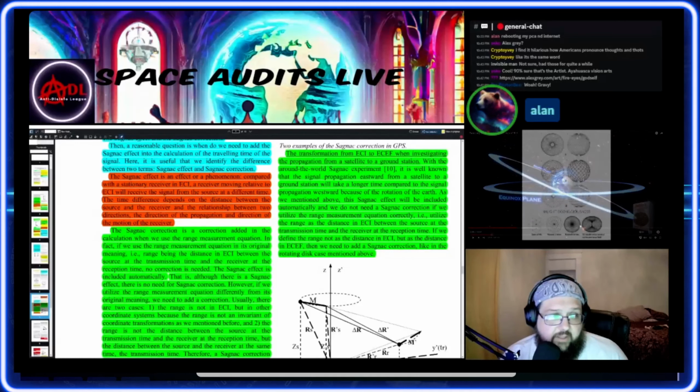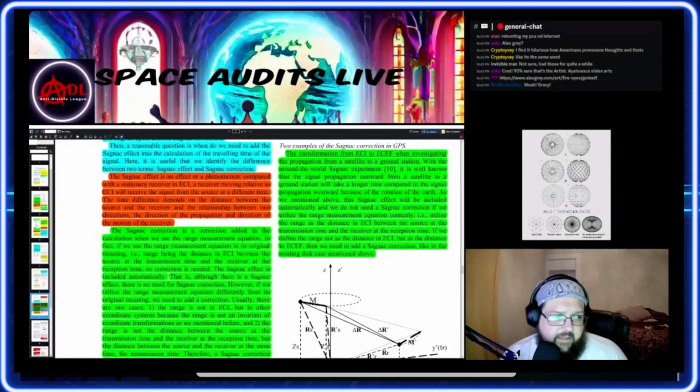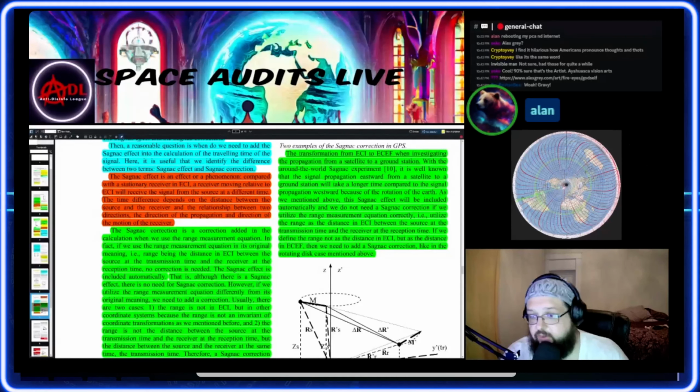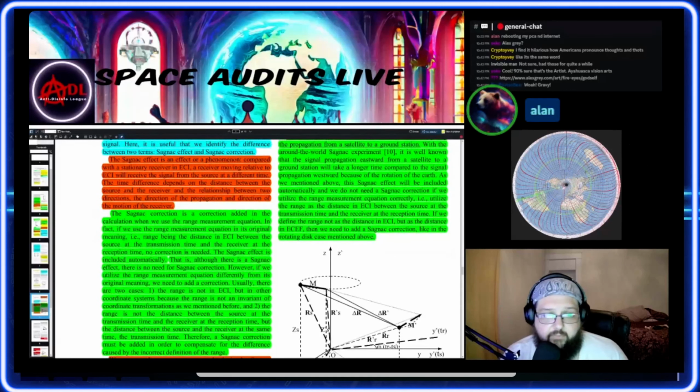A moving receiver relative to the ECI will receive the signal from the source at a different time. The time difference depends on the distance between the source and the receiver and the relationship between the direction of propagation and the direction of the moving receiver. So again, the way that they're trying to equate it obviously is like, are you rotating with the Earth?